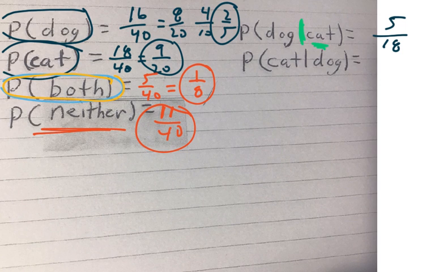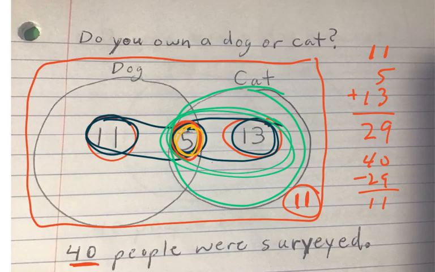Let's look at our last problem. This right here, guys, vertical bar means they're telling us we know, it's given, that they own a dog. Well, I hope you understand that means we're going to be looking at these 16 here. Not all 40. We don't include the 13 or the 11 because none of them own a dog.